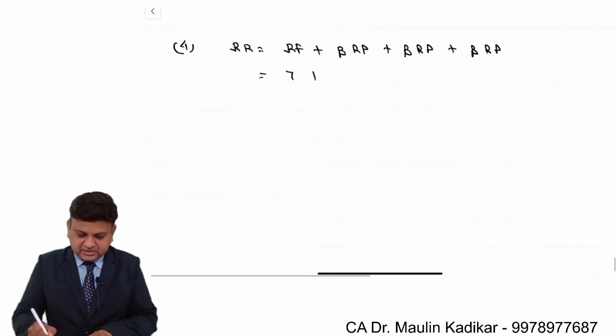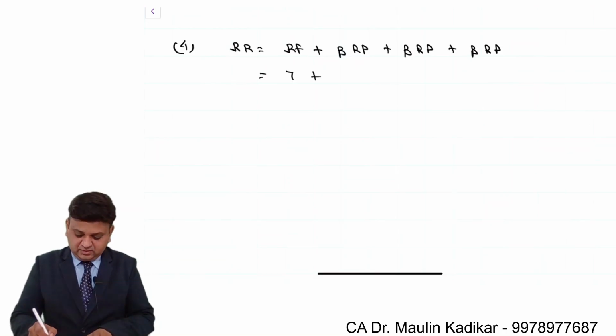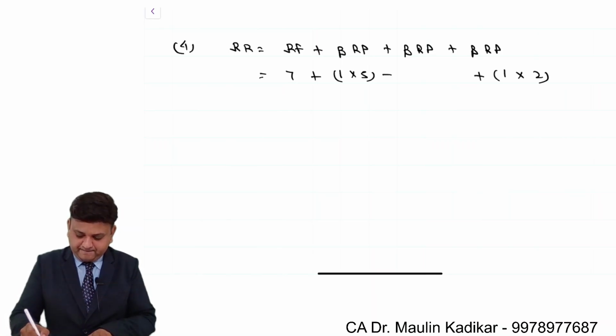RF is 7 plus, for the first one and the third one beta is 1, so 1 into 5 and 1 into 2, and it is negative 1.5 into negative 1.